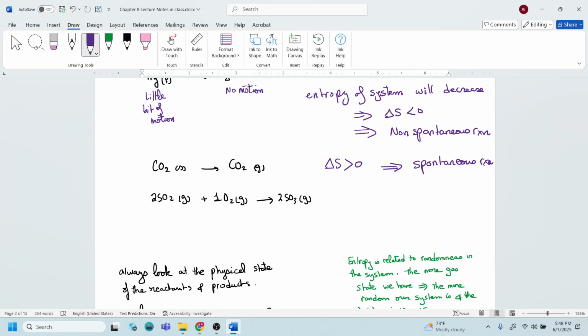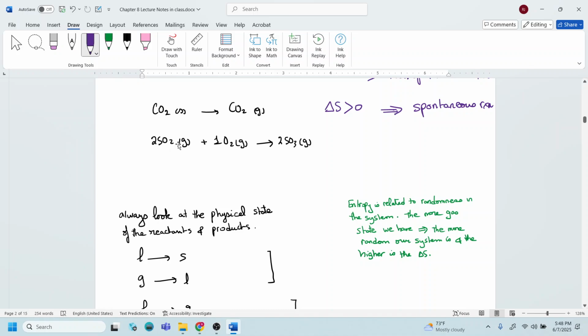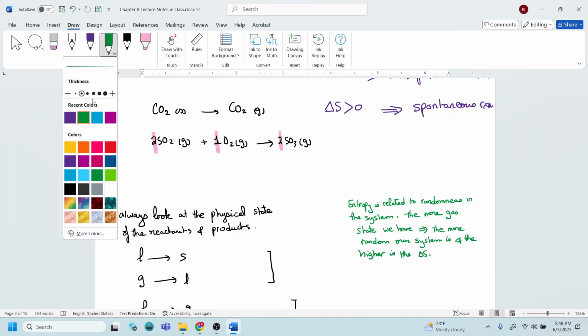Okay. So another example over here, I am going now from two reactants to a product, right? Whenever you have more than one reactant or more than one product, I want you to count the molecules. This is why it's very important to balance the chemical equation. So what do I have in here?